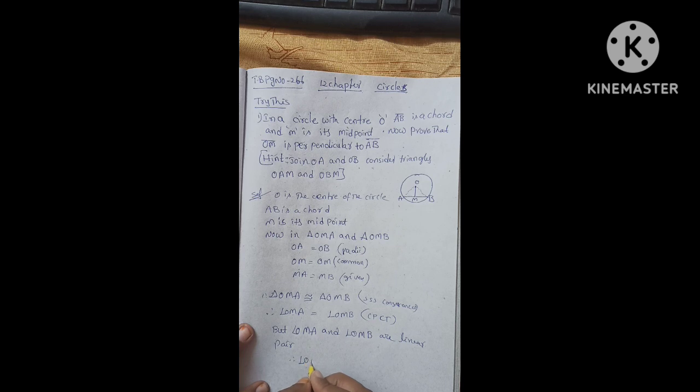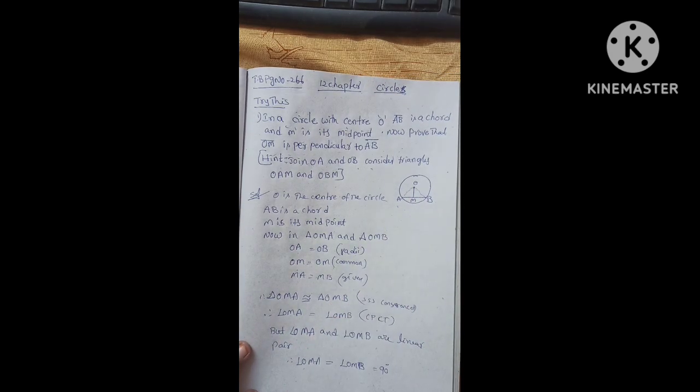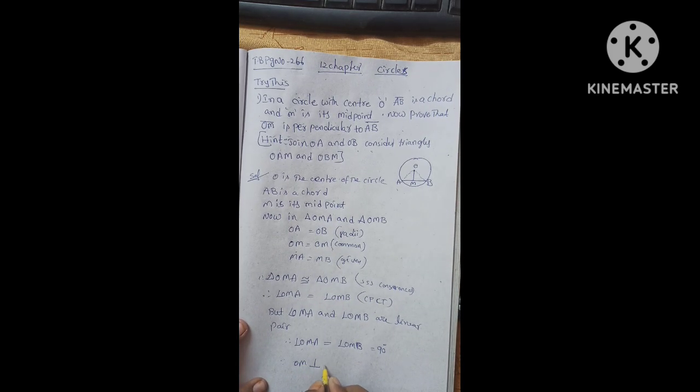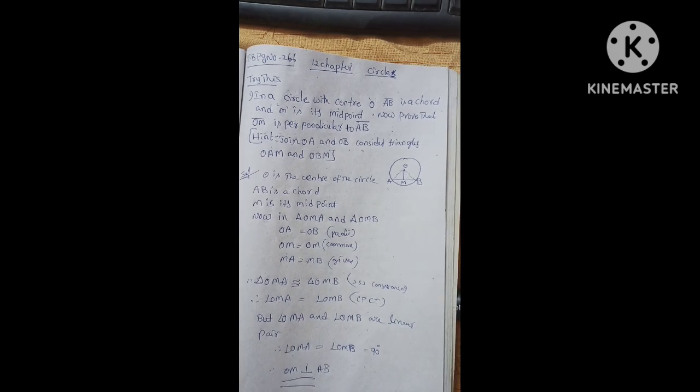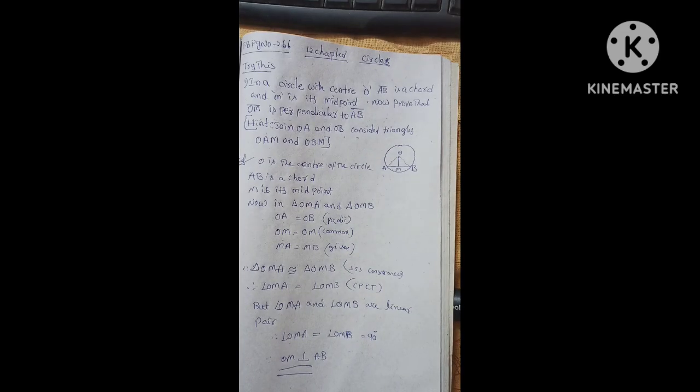Therefore angle OMA is equal to angle OMB by CPCT. But angle OMA and angle OMB are a linear pair. Therefore angle OMA is equal to angle OMB, which is equal to 90 degrees. So OM is perpendicular to AB. This is the theory sum.